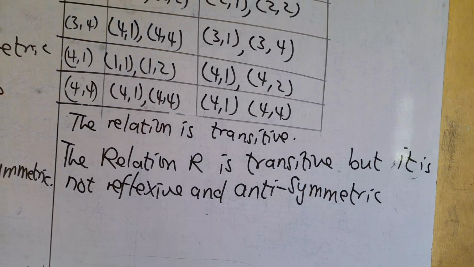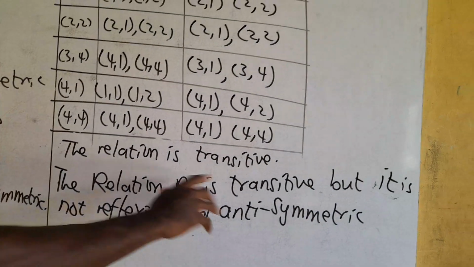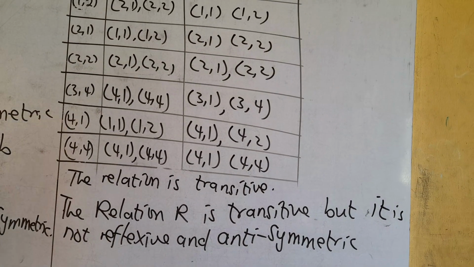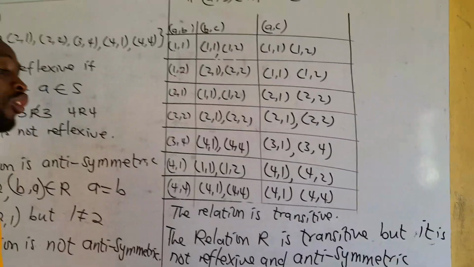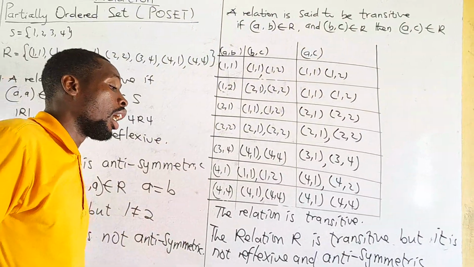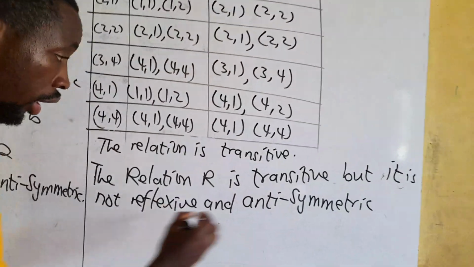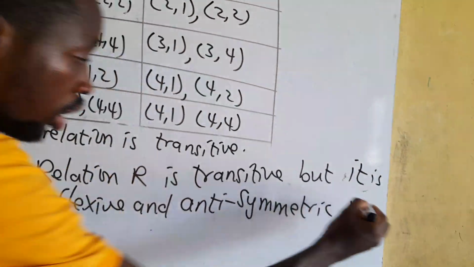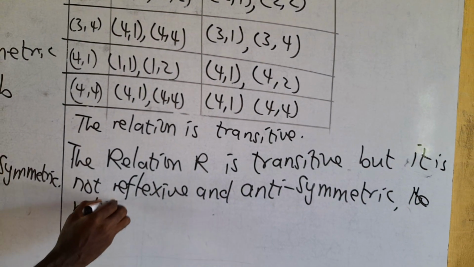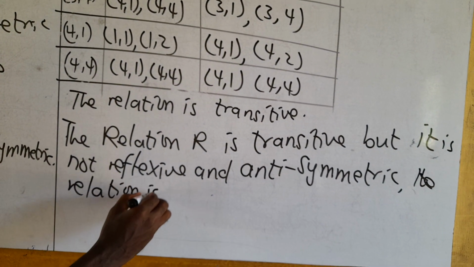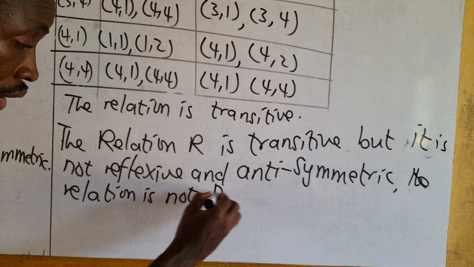So since it satisfies only one condition, if only one of the conditions is not satisfied, it is enough reason to disqualify it from being partially ordered. So we can say that the relation is not partially ordered.